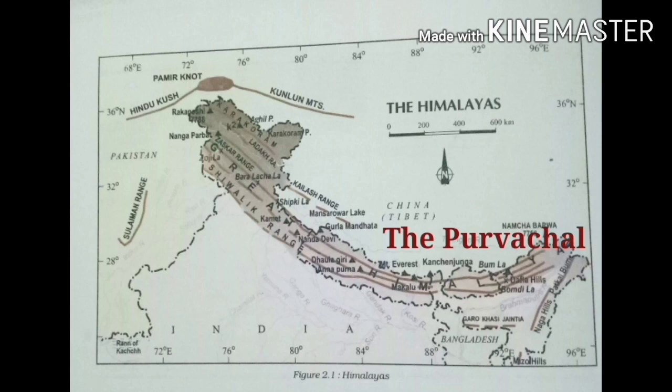Covered with dense forest, they mostly run as parallel ranges and valleys. The Purvachal comprises the Patkai Hills, Naga Hills, Manipur Hills and the Mizo Hills. Look at the map. You can see Patkai, Naga, Manipur and Mizo Hills.